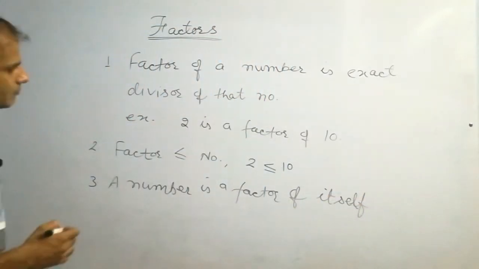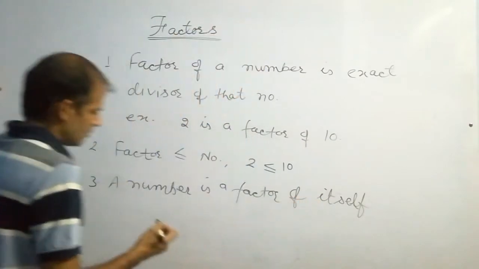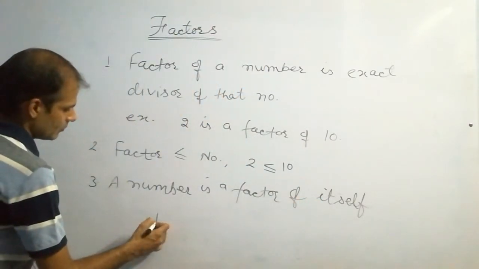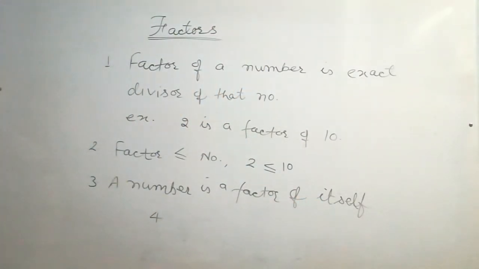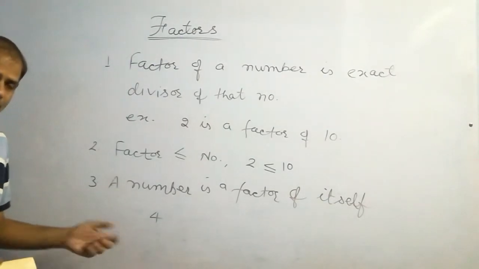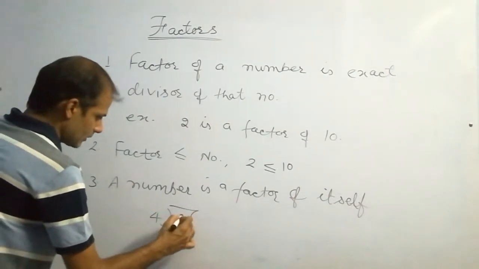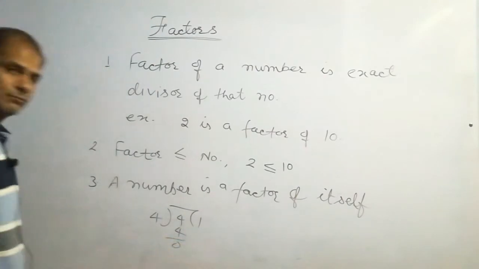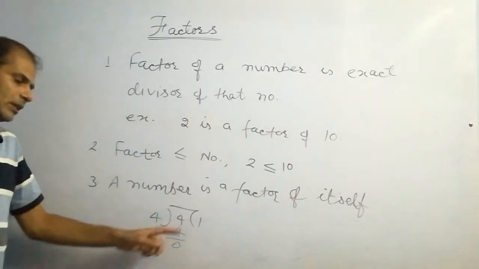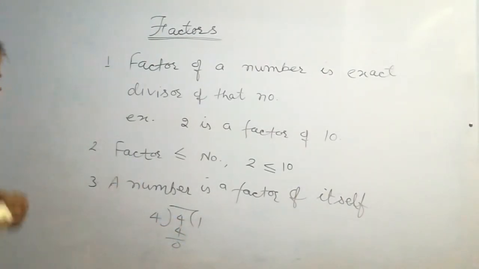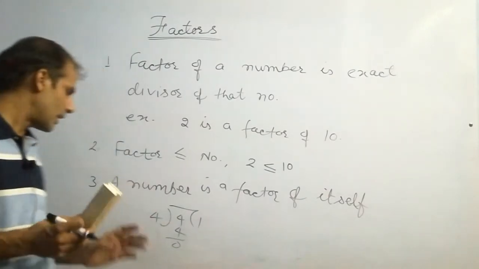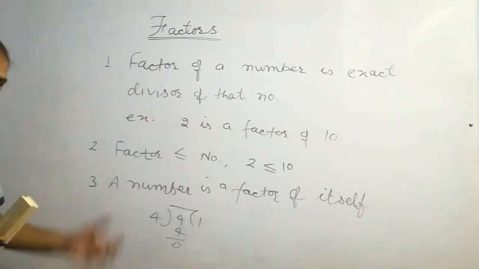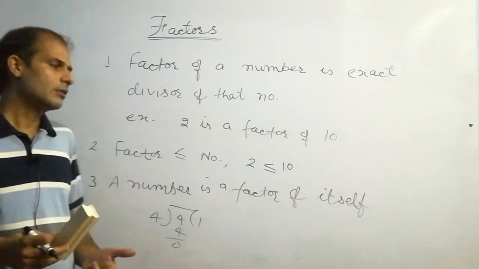For example, is 4 a factor of itself? Just try with the help of division. Yes, 4 ones are 4. 4 is completely divisible by itself, and you will get the remainder 0. So we can say every number is a factor of itself.